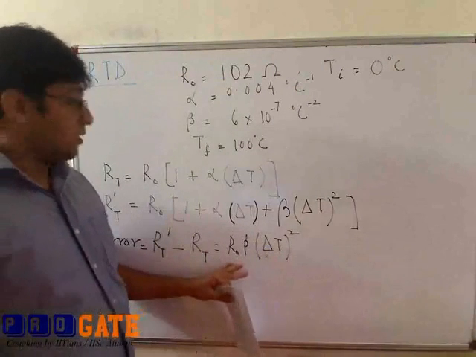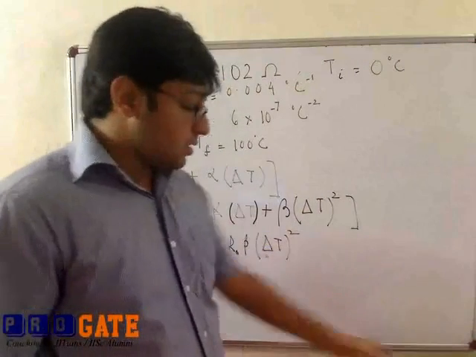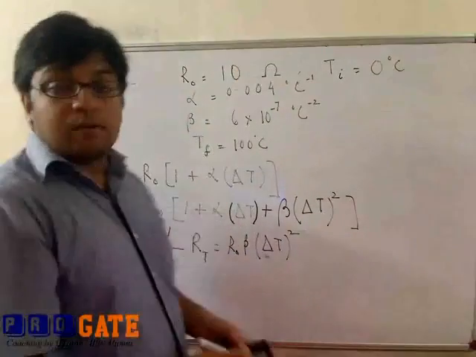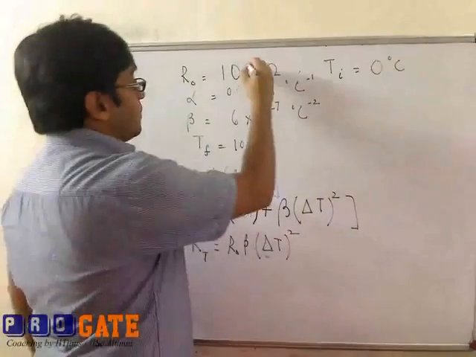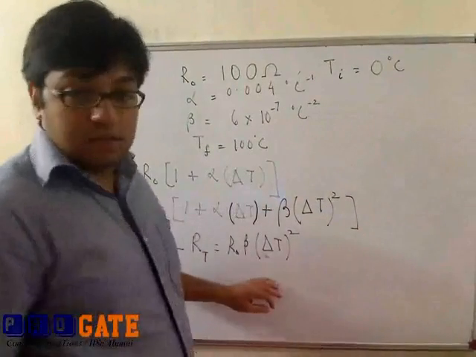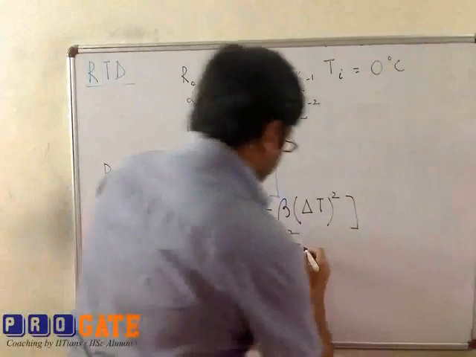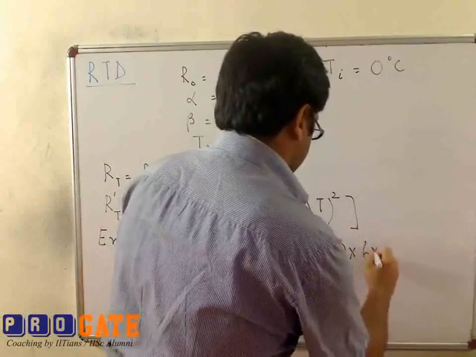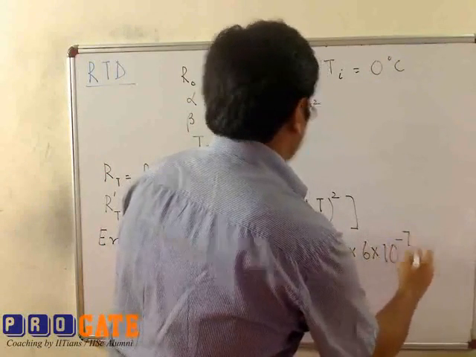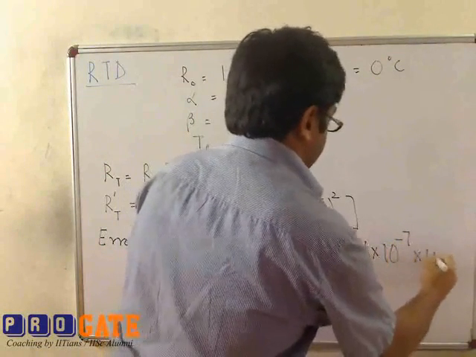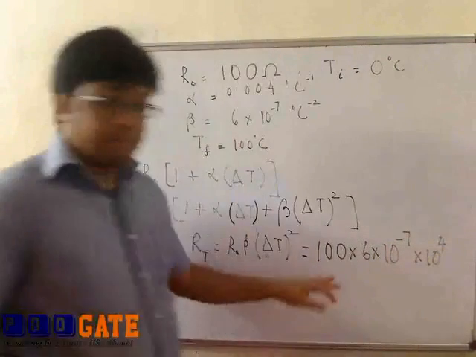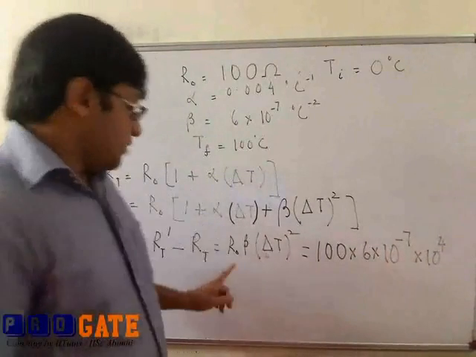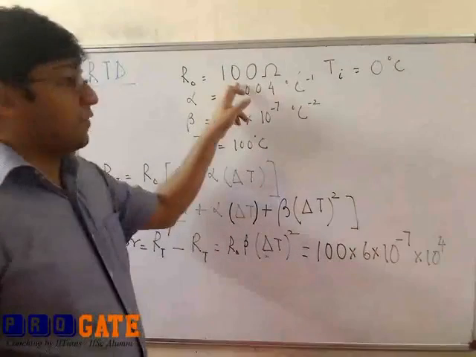Okay. So for simplicity's sake, let us change this value of R0 to 100 ohms. It will only make my calculations easier. So this gives me an error. Please verify if the values that I have substituted over here are right or not. We have R0, which we've changed to 100 ohms.